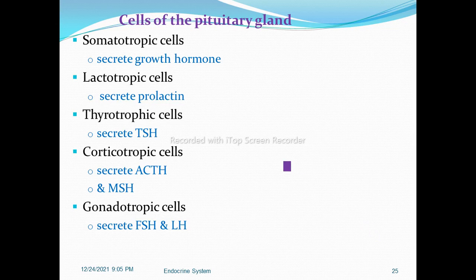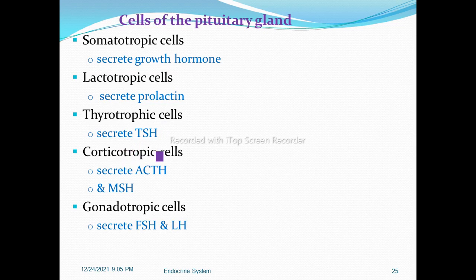The cells found in the pituitary gland are, first, somatotrophic cells, which secrete growth hormone. The second is lactotrophic cells, which secrete prolactin. The third is thyrotrophic cells, which secrete thyroid stimulating hormone.